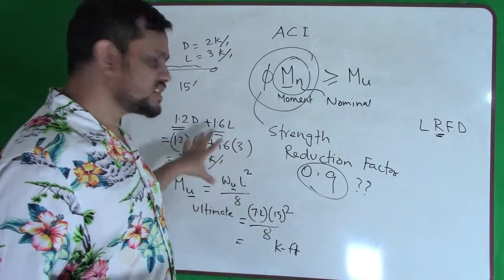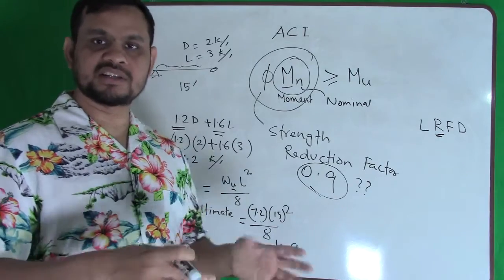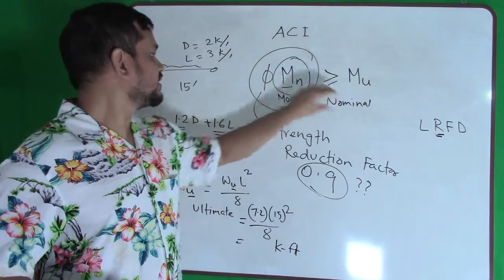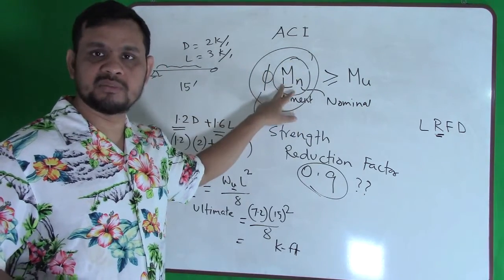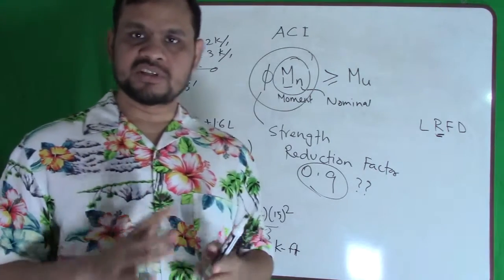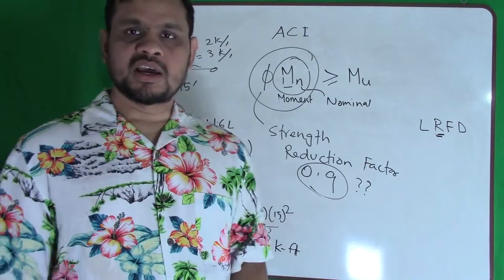If you calculate the shear, it is ultimate shear or factored shear or design shear. So these are design or factored or ultimate. This small Mn is nominal. So hopefully you understood what is nominal, what is factored, and what is design.